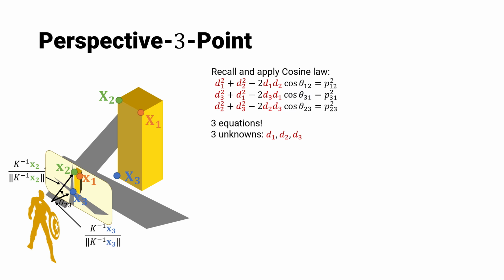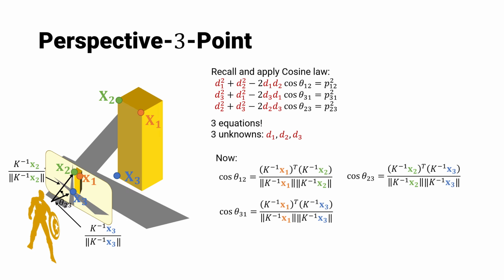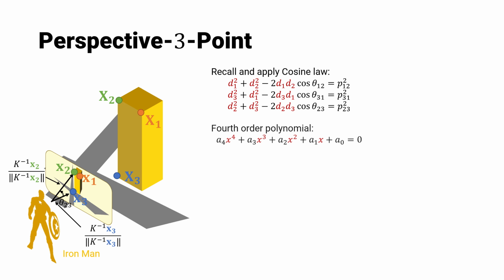And if we feed these values into the cosine law equation, we know that the cosine of the angle between two vectors is obtained by the dot product divided by the normalization factor. So we can apply all these things together. When you feed this in, it will bring us to a fourth order polynomial where closed form solutions exist. And this can actually be solved in a very simple way.